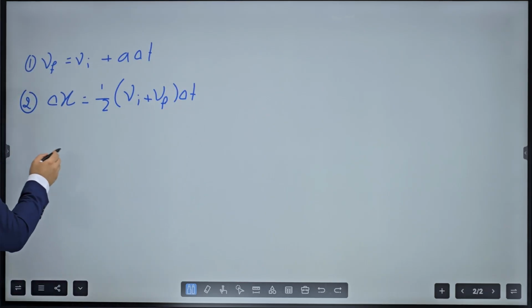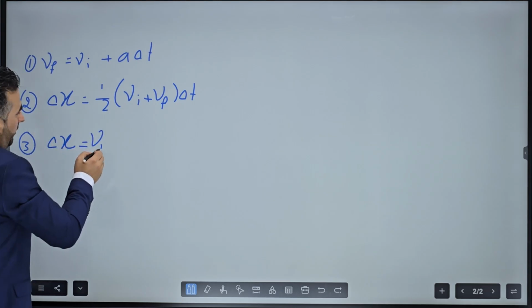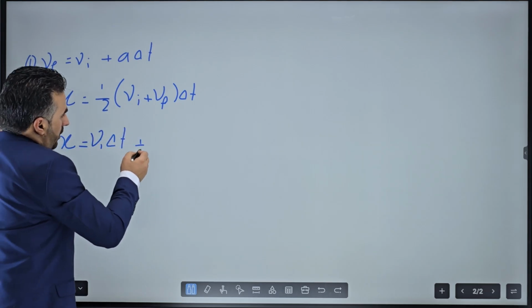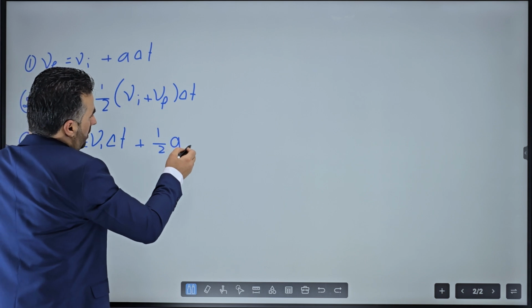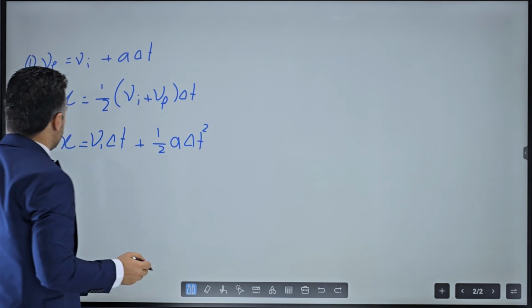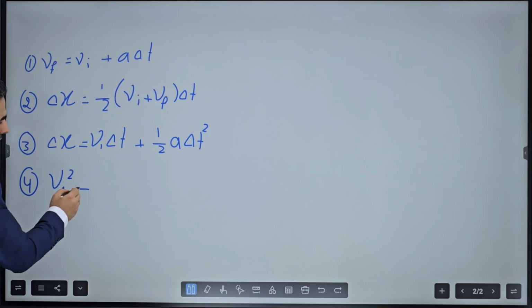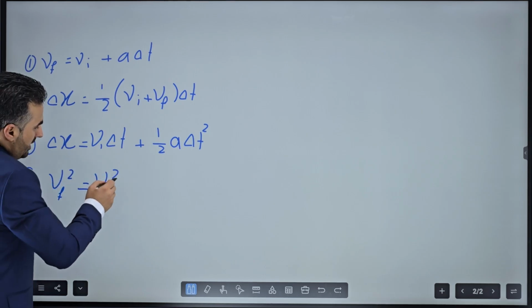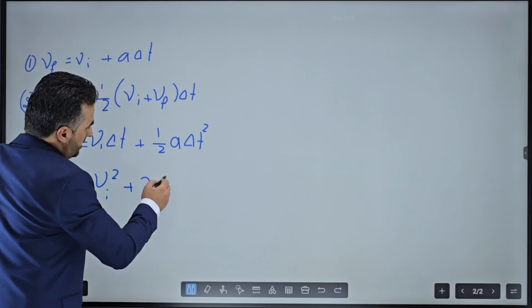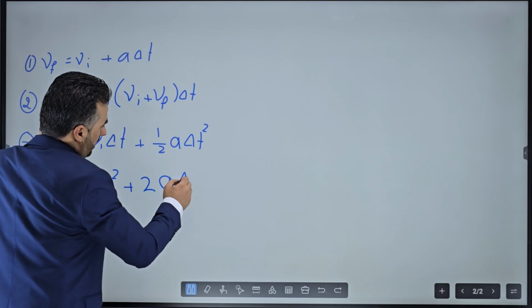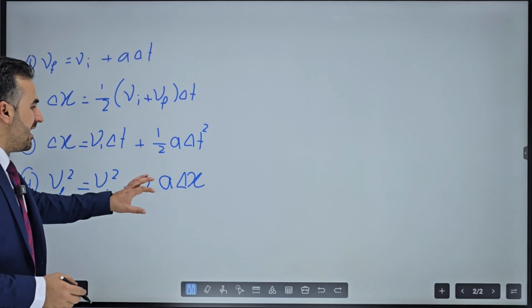The third equation was delta x equals V initial delta t plus 1 over 2 acceleration delta t squared. And the fourth equation was V final squared equals V initial squared plus 2 times acceleration times delta x. That is what we had last year.